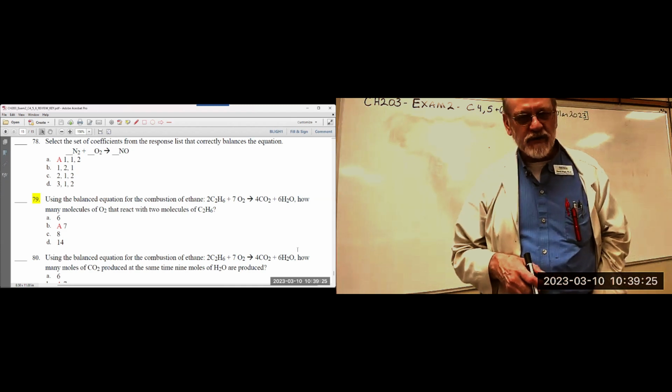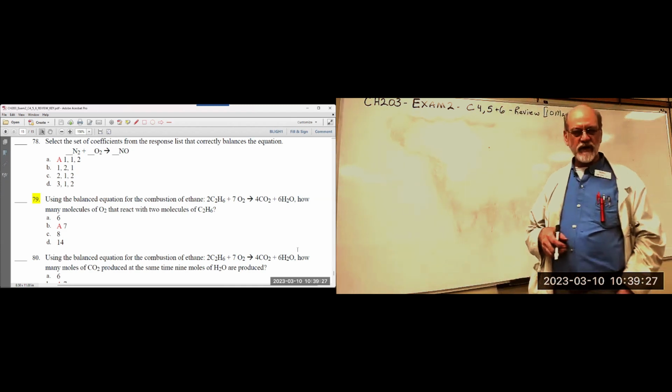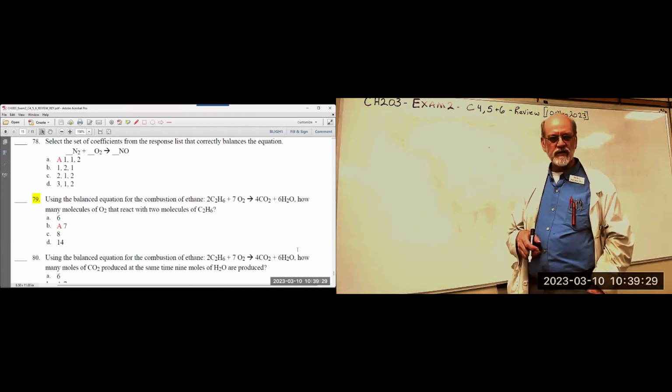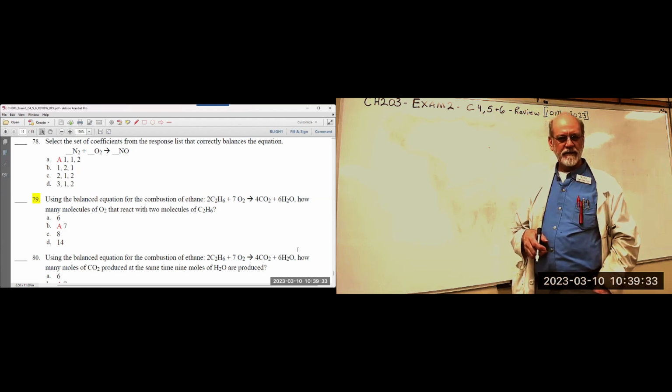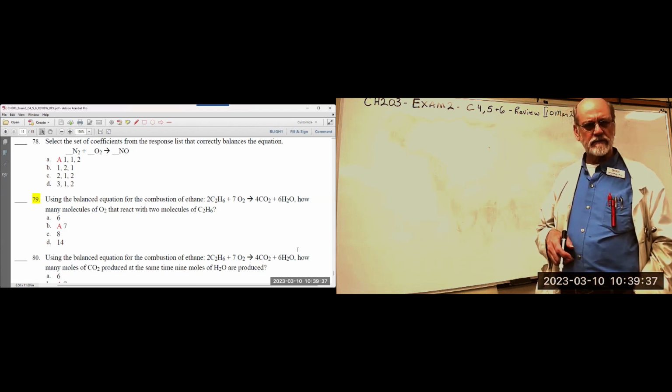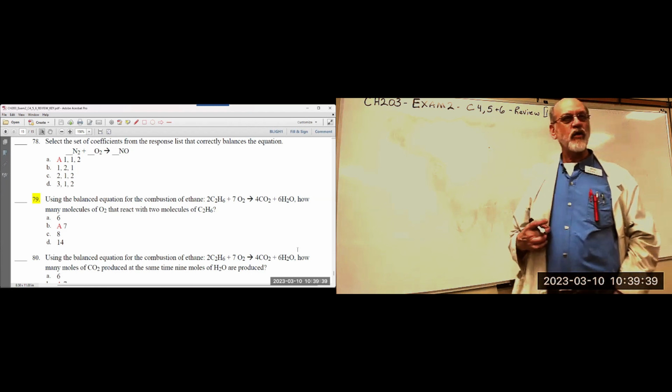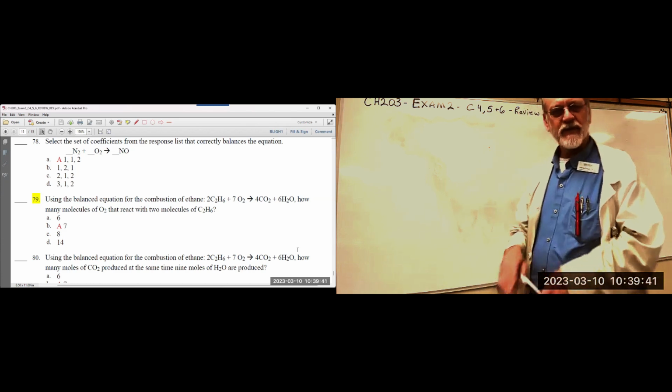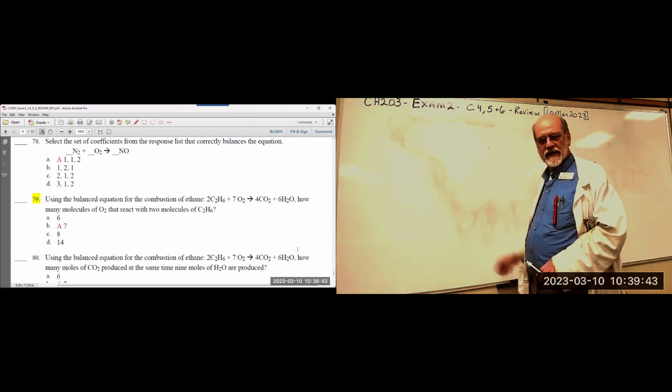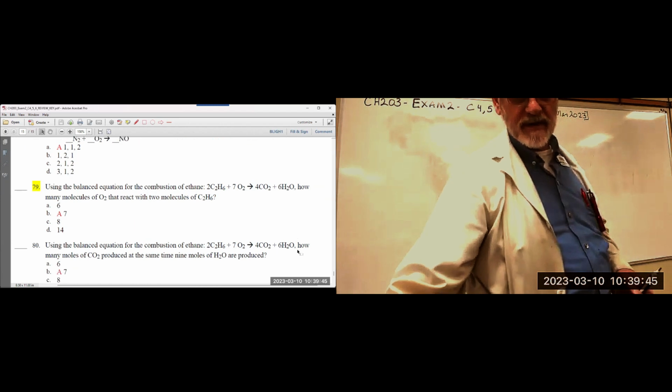How many molecules of O2 react with 2 molecules of C2H6? Oh, 7, right? That's just the coefficients. I was making it harder than it had to be. I didn't even write that one on the board.